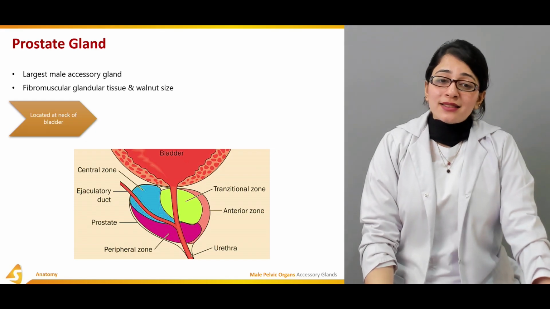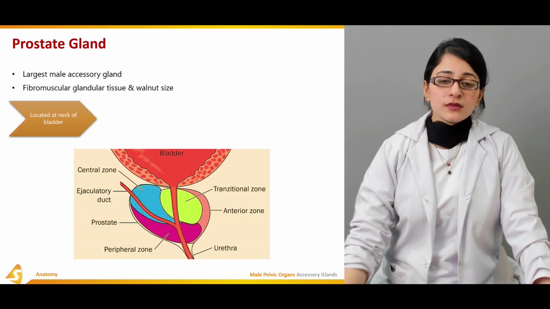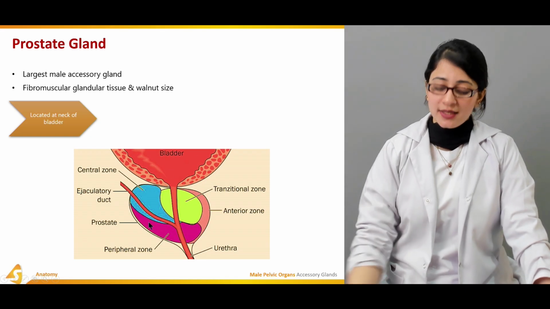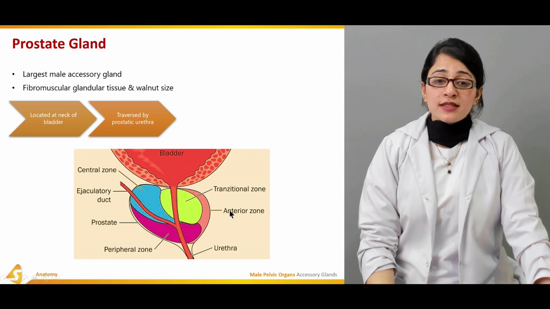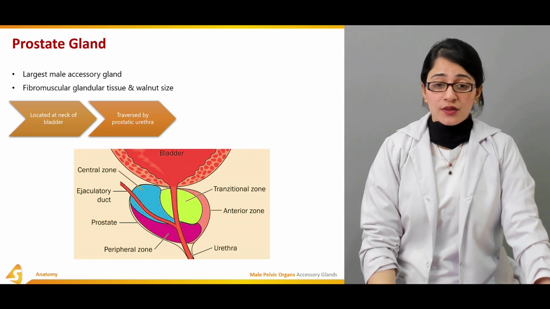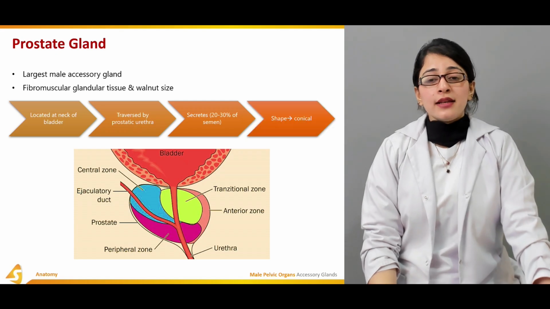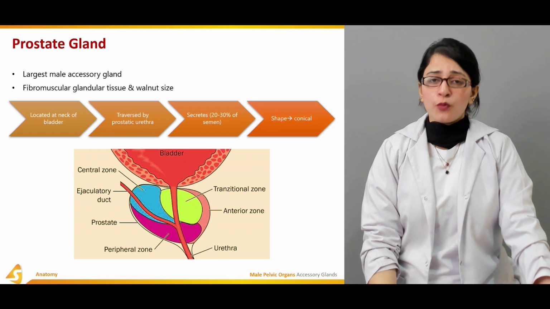It is located at the neck of the bladder. This is the urinary bladder, and at its neck we have the prostate gland. It is traversed by the prostatic urethra, and it secretes about 20 to 30% of the seminal fluid, and it has a conical shape, or the shape of a walnut.